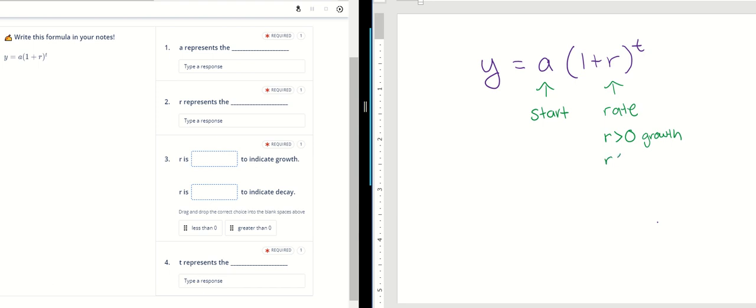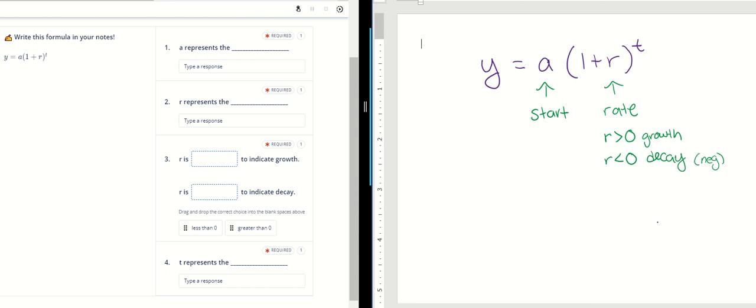If your r is less than 0, it indicates decay because you are subtracting from your initial amount. Anything that's less than 0 is negative. So if you have a negative number there, then you are looking at something decaying or getting smaller.